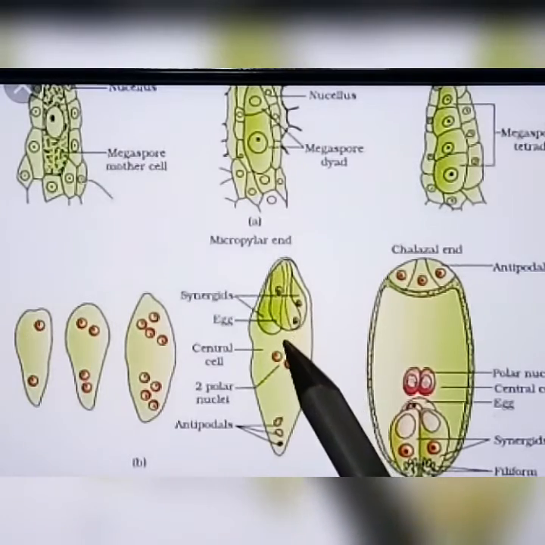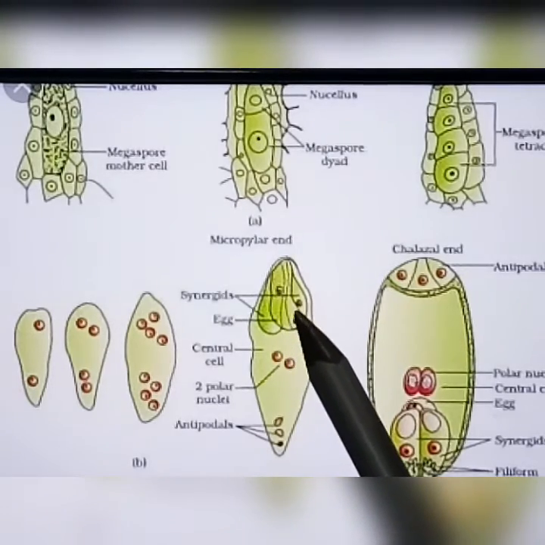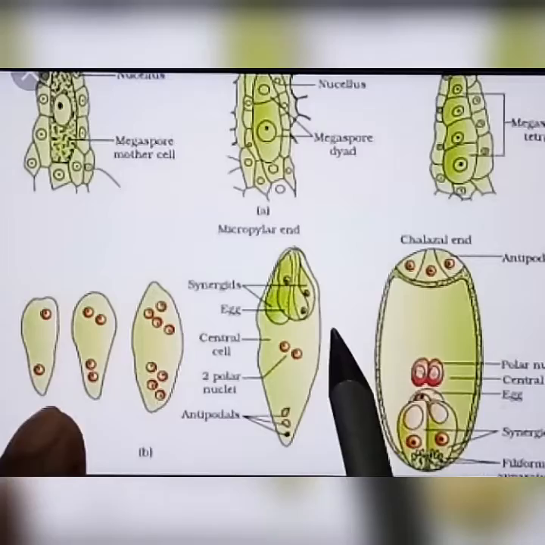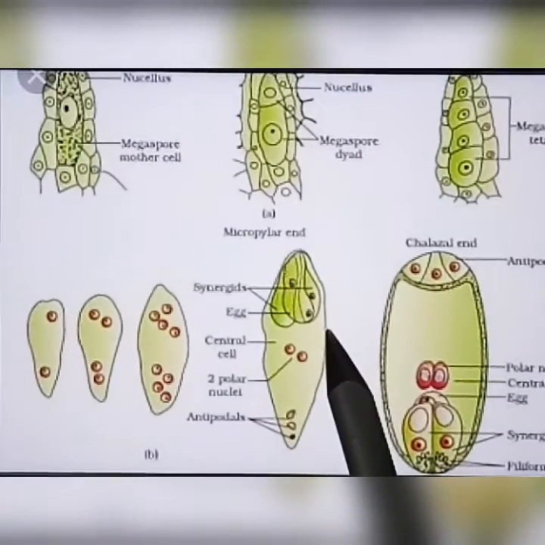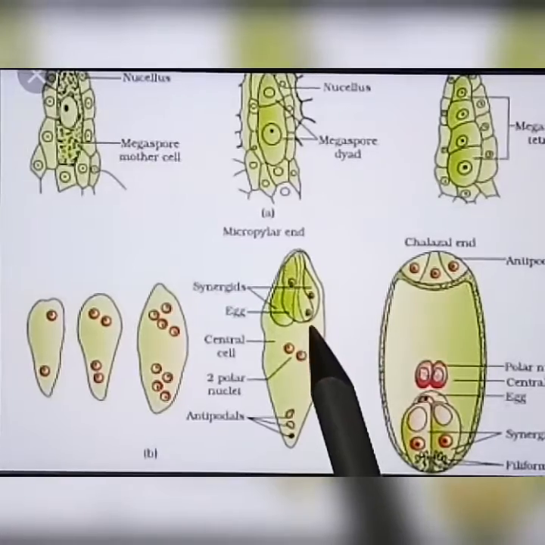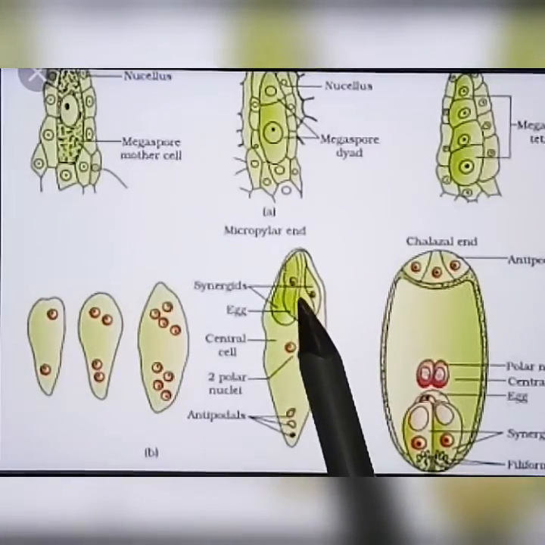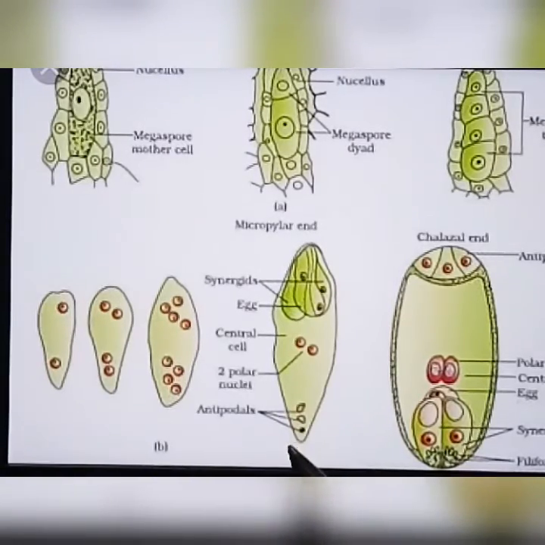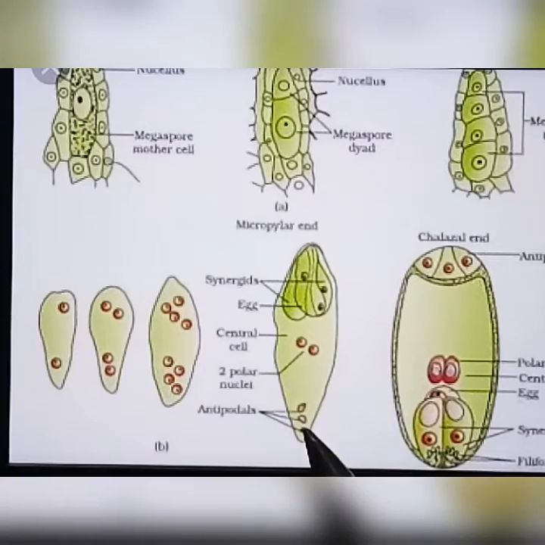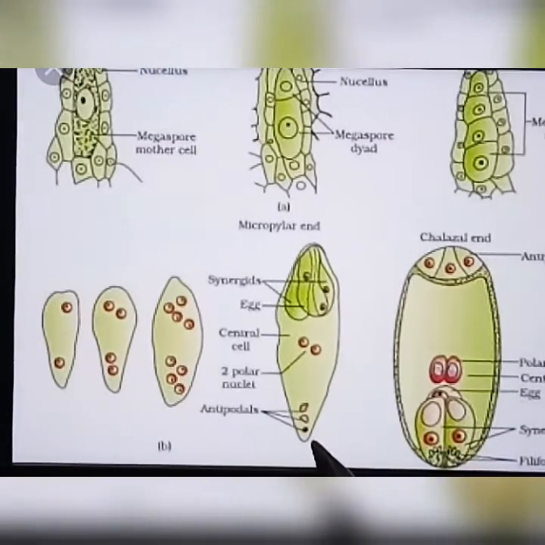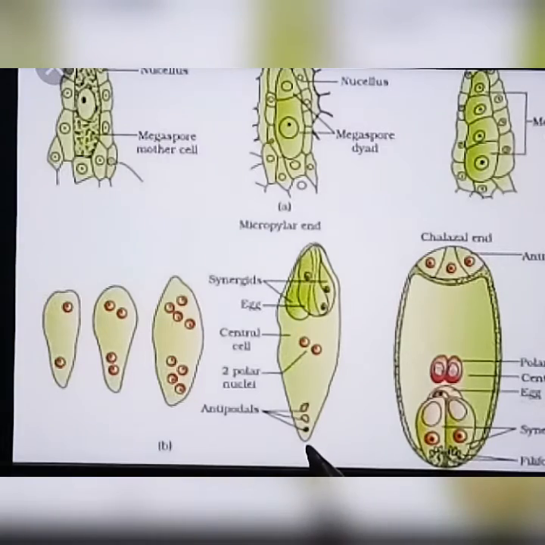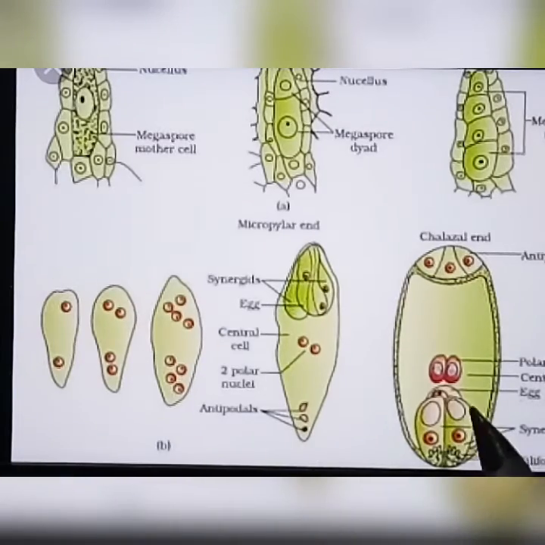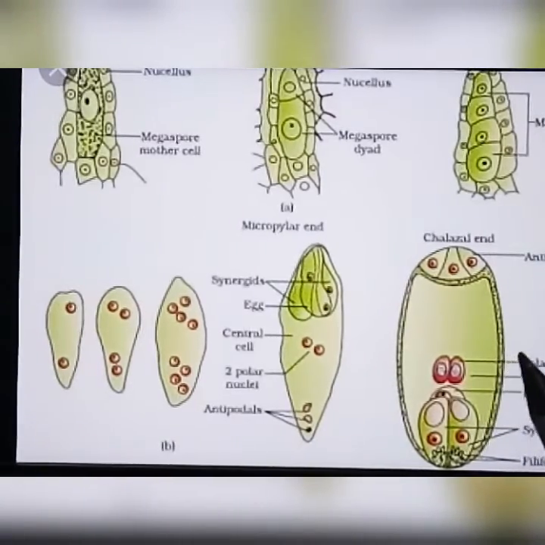Then these nuclei form three cells at each pole by cytokinesis. At the pole toward the micropyle, the three cells are called the egg apparatus, whereas at the opposite pole toward the chalazal end of the ovule, the three nuclei form three cells that together are called antipodal cells. Let us see the mature embryo sac structure.